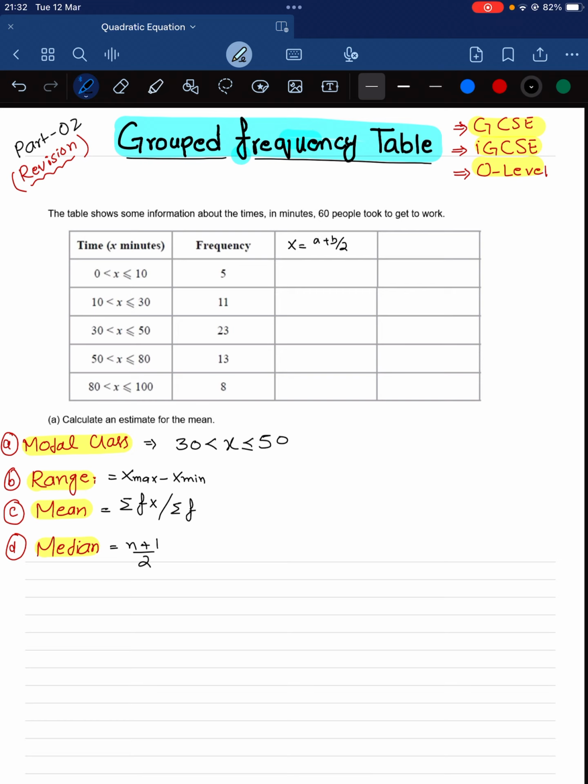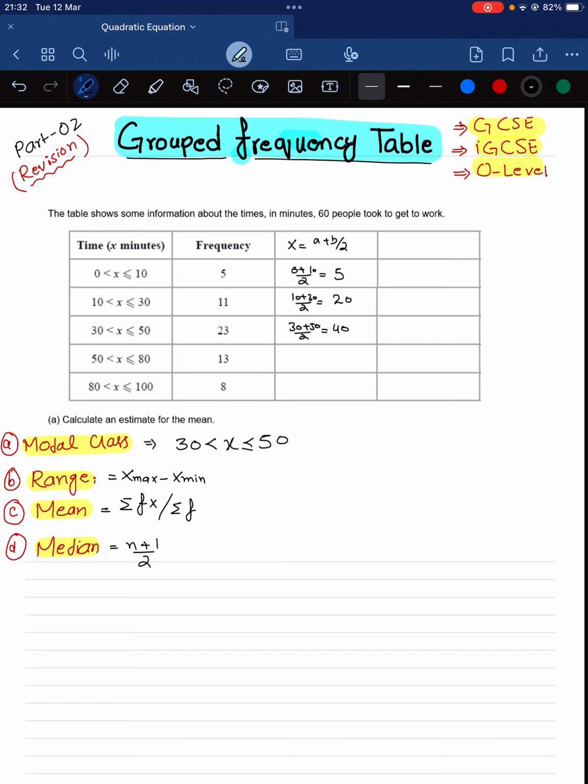For the first one, it's 0 plus 10 over 2, so it's 5. For the second one, 10 plus 30 over 2, 40 over 2, it's 20. In the same way, for this one it will be 30 plus 50 over 2, so this is going to be 40.